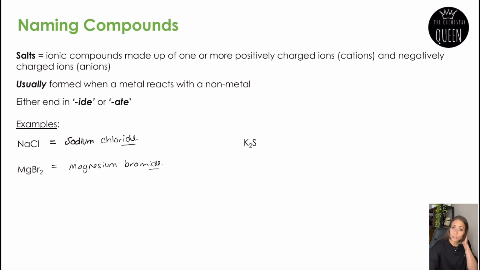Next, we've got K2S. K is potassium, S is sulfur, so this will become potassium sulfide. We then have Ca3N2. Ca is calcium, N is nitrogen, so this would be called calcium nitride.